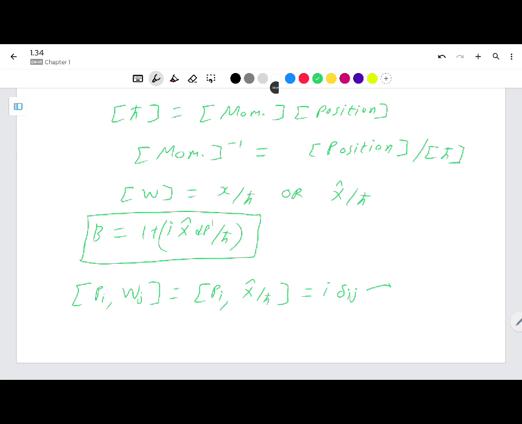This holds true. We know that because [X, P] equals i h bar. This is known to us.